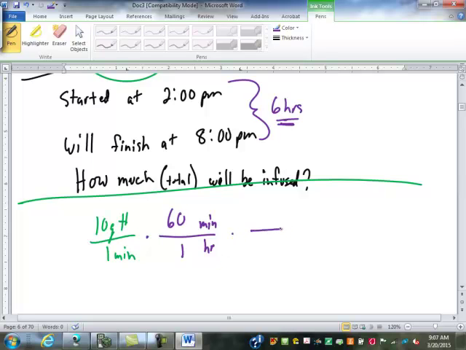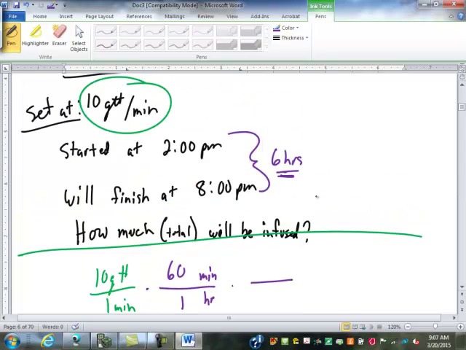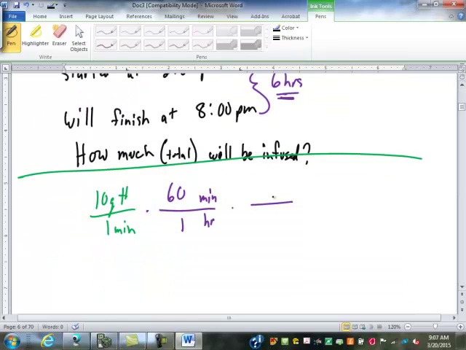And we need to get from drops back into milliliters. So I forgot to put it up here. We do need a drop factor. So looking up for that fluid, the drop factor is 15 drops per milliliter. But the thing is, when we put in our drop factor here, drops are going to go on bottom because they're on top here, and to make them cancel out, they have to go on bottom.